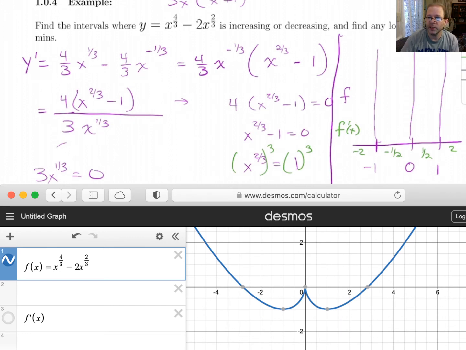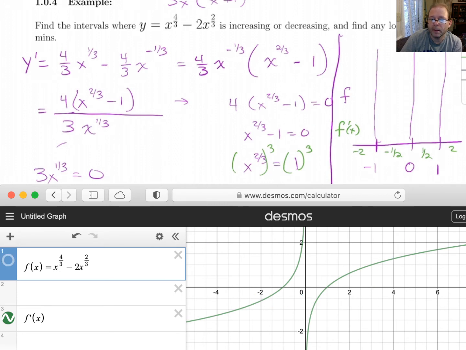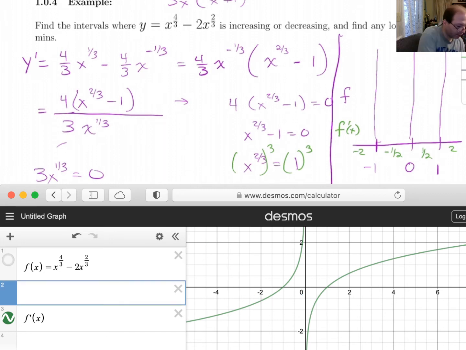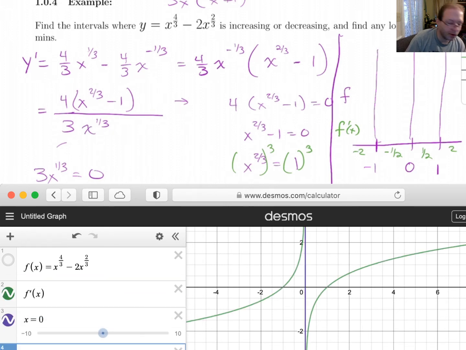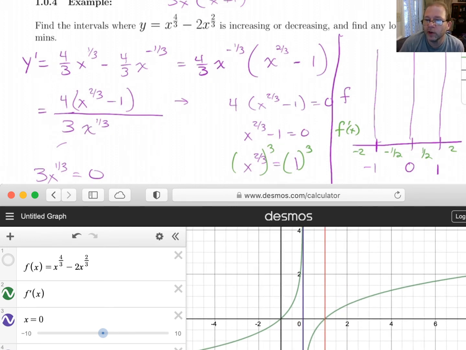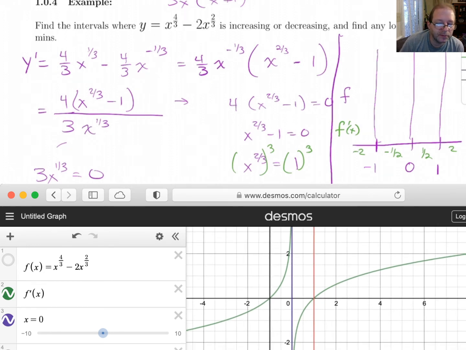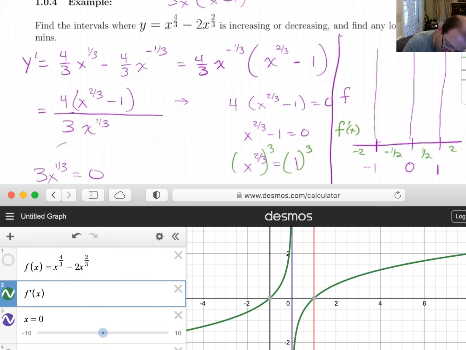So if we were to pick the test values, what it would show us is, notice here, I'm going to do all of this on Desmos here. X equals 0, x equals -1, x equals 1. So if you look at this, the green graph here now tells us the sign of the derivative. Over here, before you get to 1, the derivative is negative.